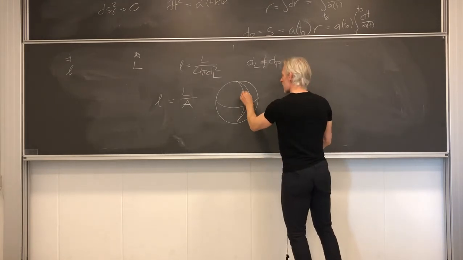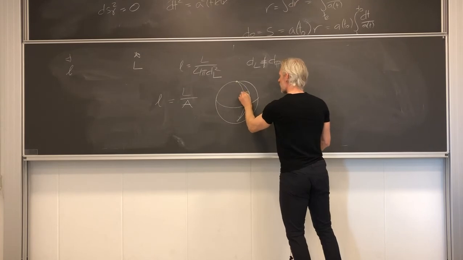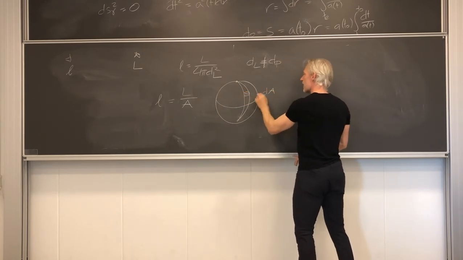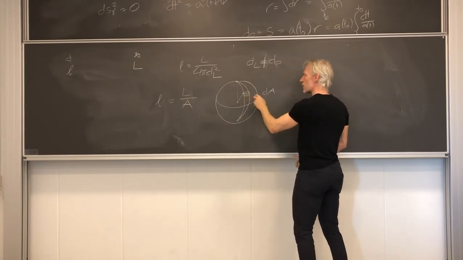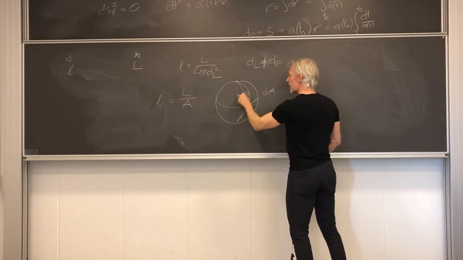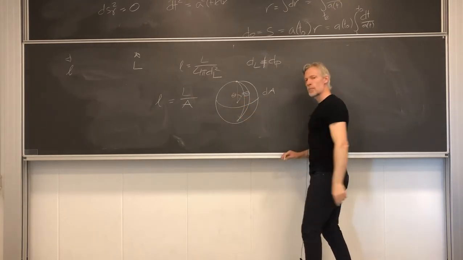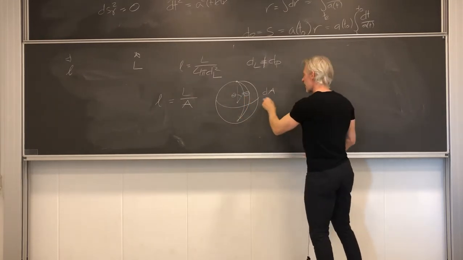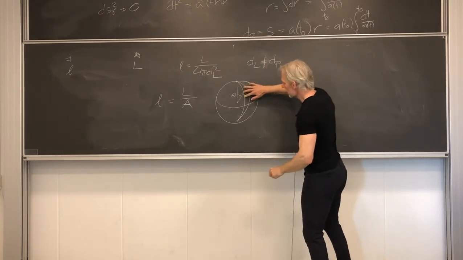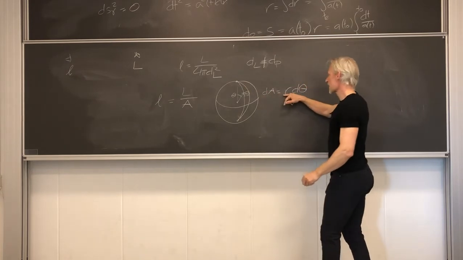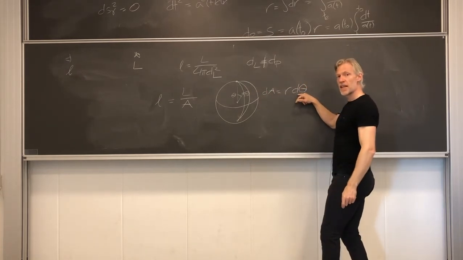Well, you take some infinitesimal area here, call it dA. We have a polar coordinate system like this. Then we have a vector pointing to whatever point. Then the angle here is usually called the polar angle. And this length here, that would just be r times d theta.